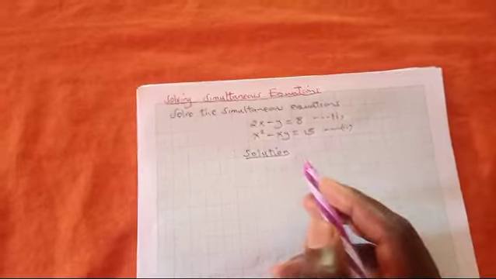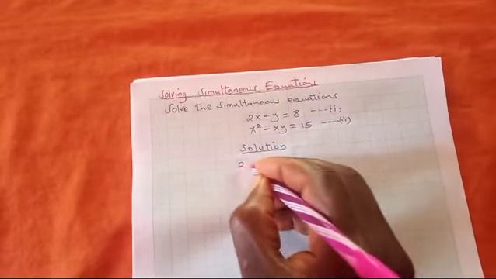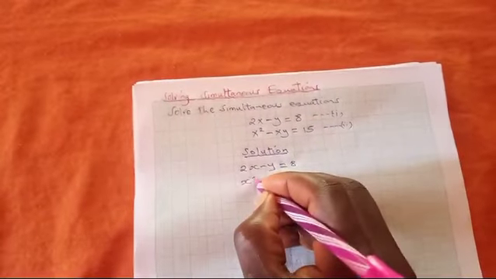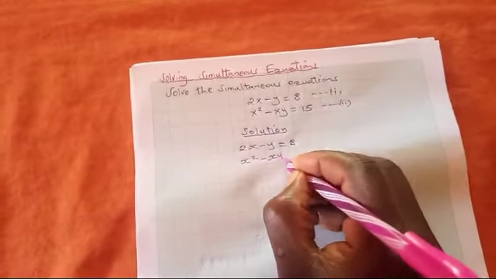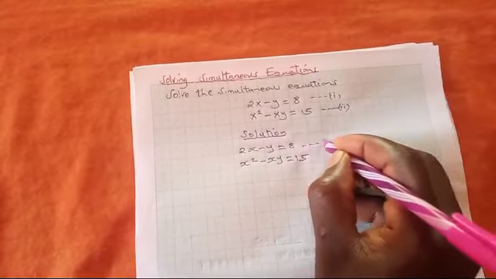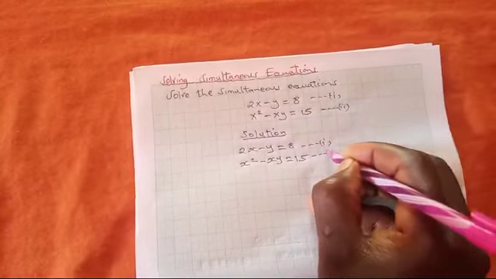Now, let us begin. We have got 2x minus y is equals to 8, and then we have x squared minus xy is equals to 15. So this is our first equation, and then this is our second equation.